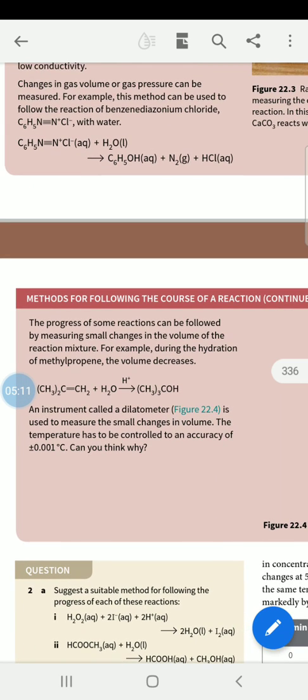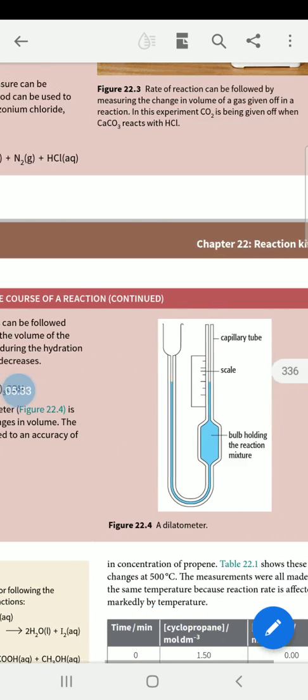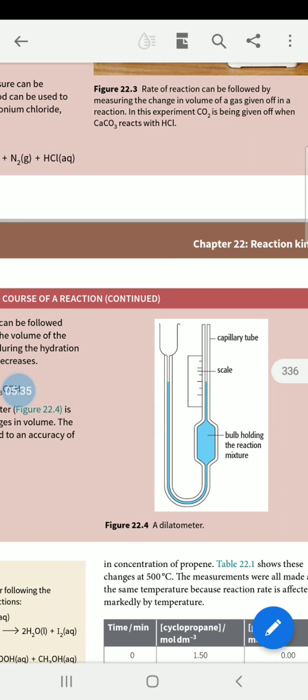Then in some of them, for example here, the hydration of methyl propene, the volume actually decreases. For this particular chemical reaction, we use a dilatometer. This dilatometer is an exceptional situation.